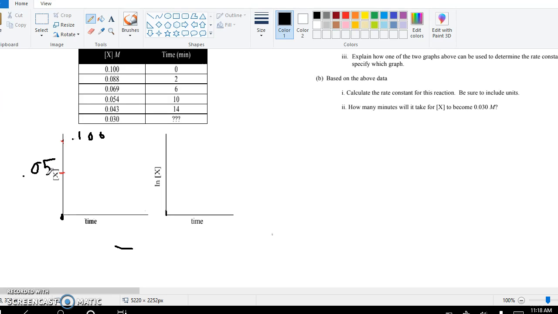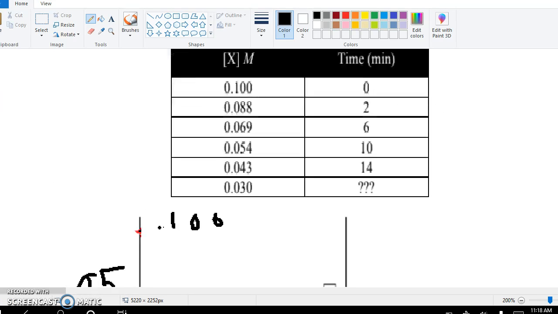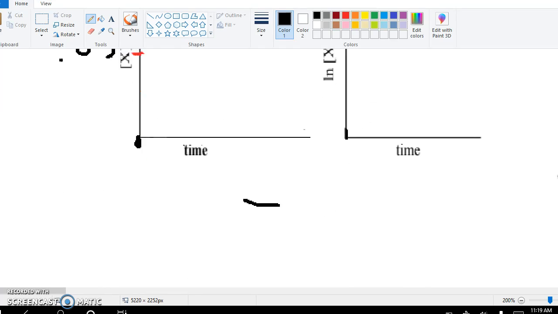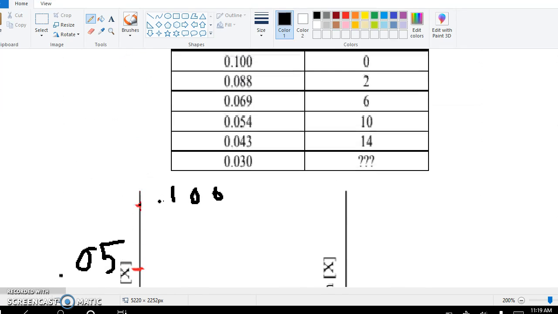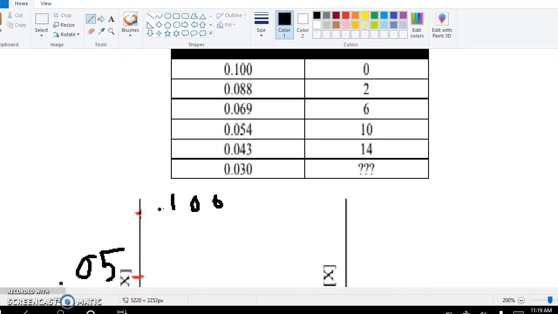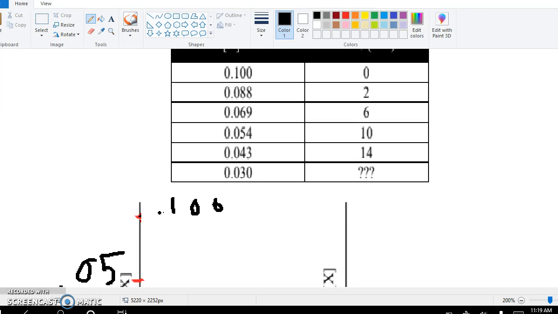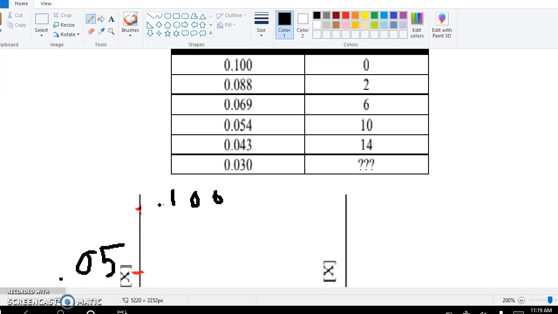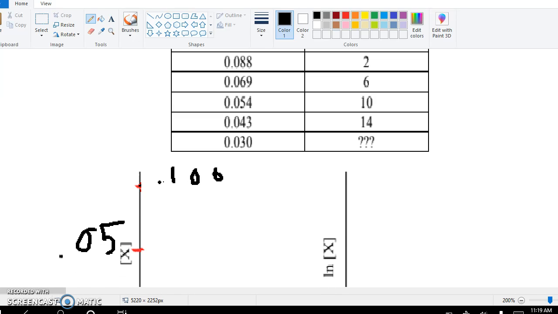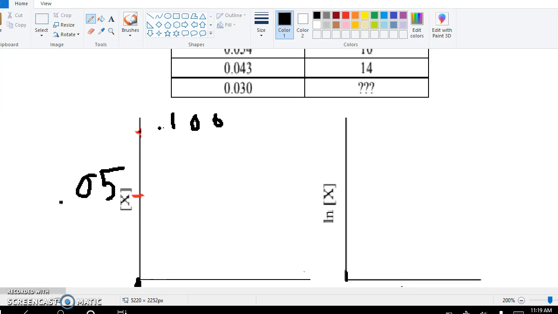Alright, let's go ahead and label my time. My time is going to go over 14 seconds, and it looks like they're counting by 4s, so let's go all the way to 20.